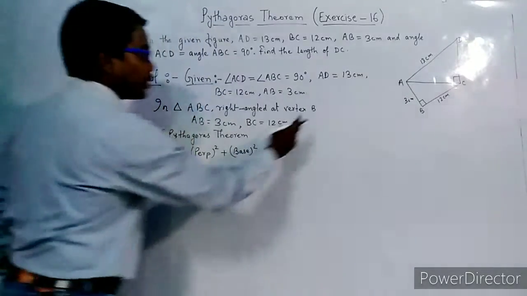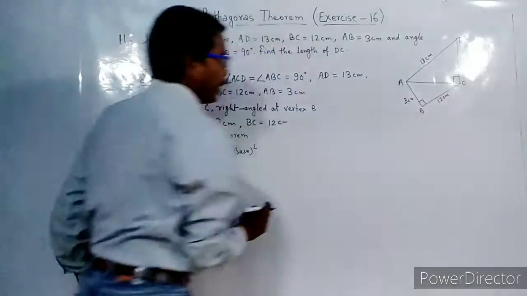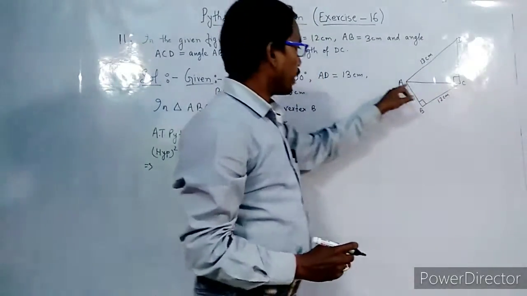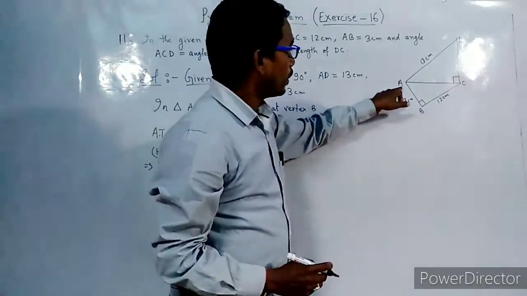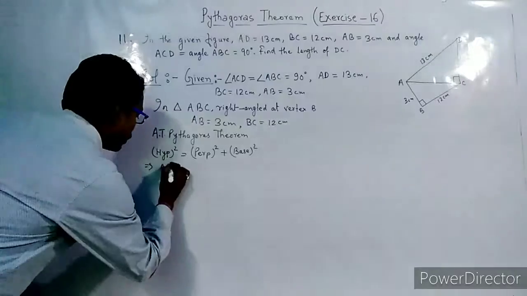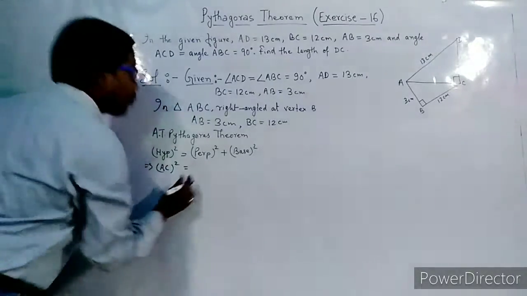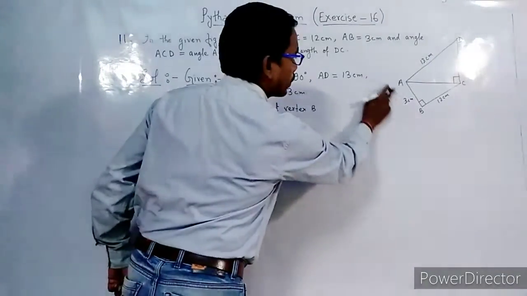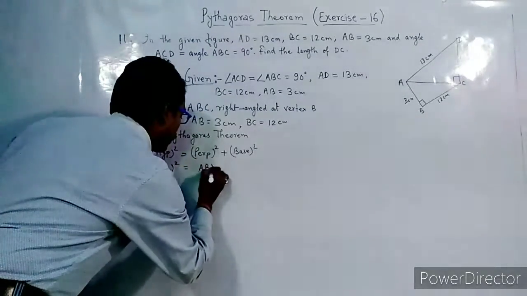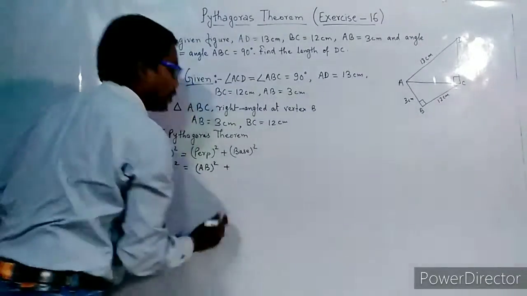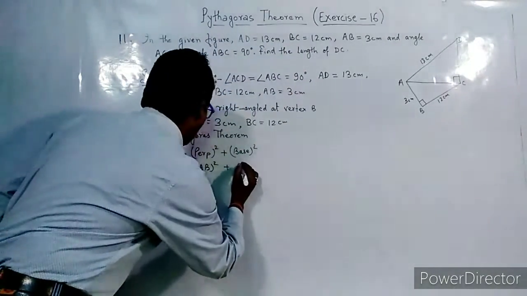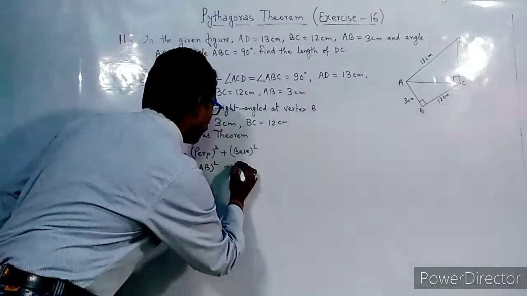So here hypotenuse is this AC, and in this figure AC is common to both the right angle triangles. So AC is the hypotenuse. We write here AC square. Perpendicular we will mark as AB, and base is this 12, that is BC.